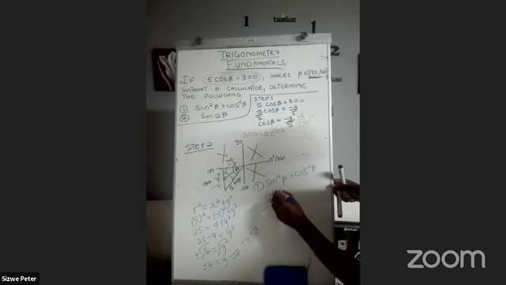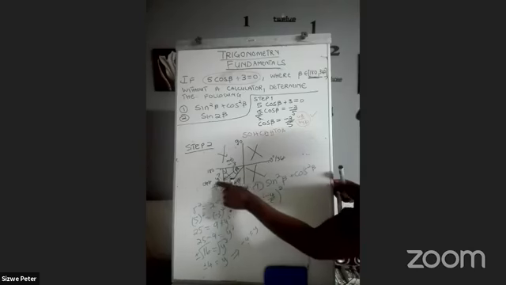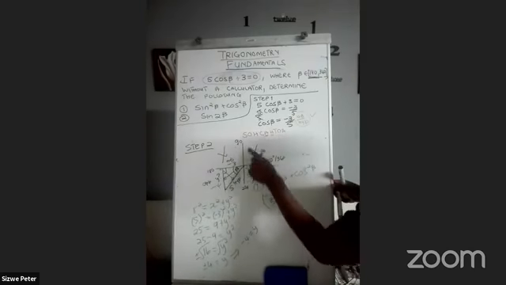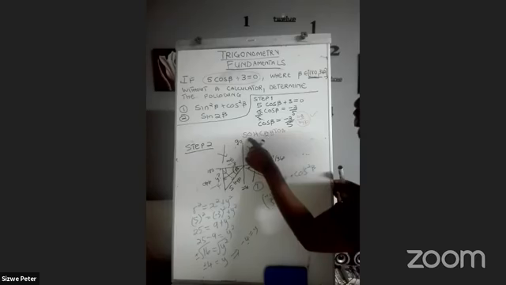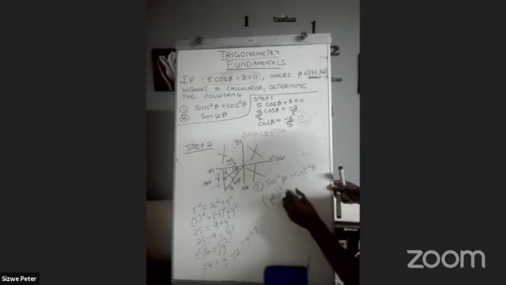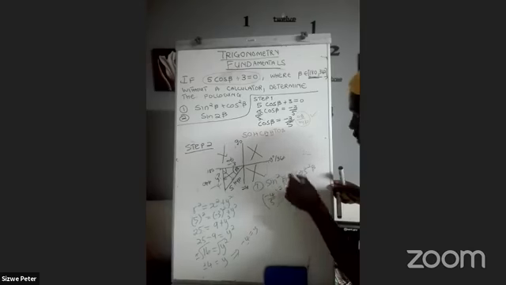According to SOHCAHTOA, sine is opposite over hypotenuse. My opposite is minus 4, over 5, all squared. You need to square it because that is squared.